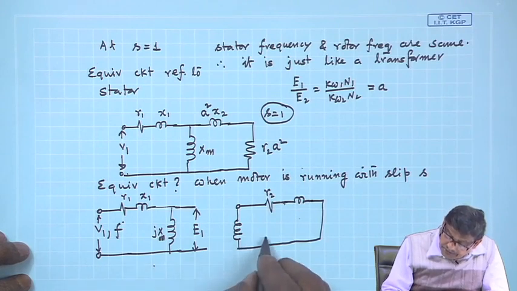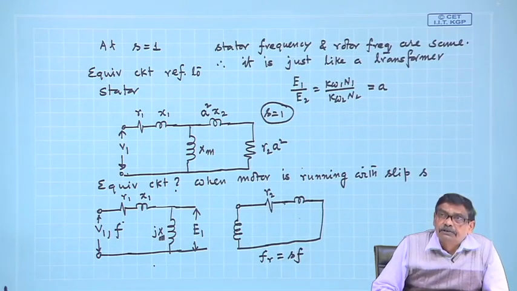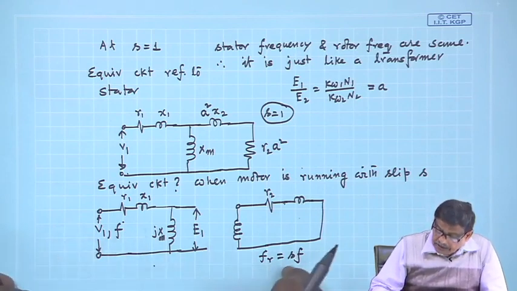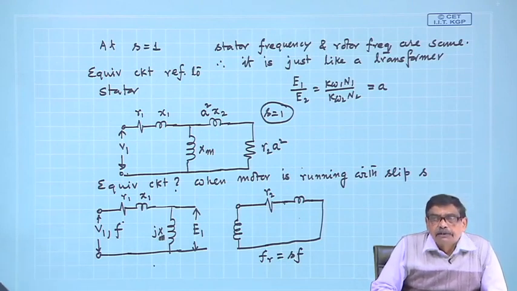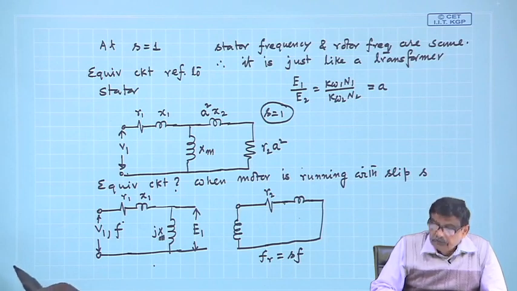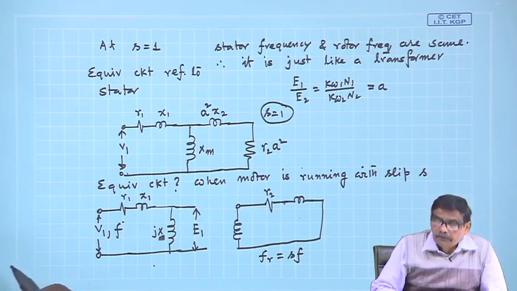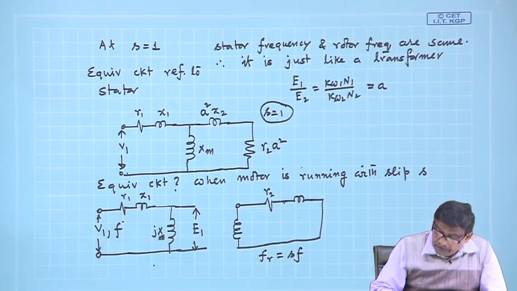But the frequency of the rotor electrical quantity is SF, which will be less than your supply frequency, because S is a number between 0 and 1. It is going to be less. For example, if the supply frequency is 50 hertz and the motor is running at 5% slip, the frequency of the rotor current will be 0.05 into 50, that is 2.5 hertz. Low frequency compared to this 50 hertz.